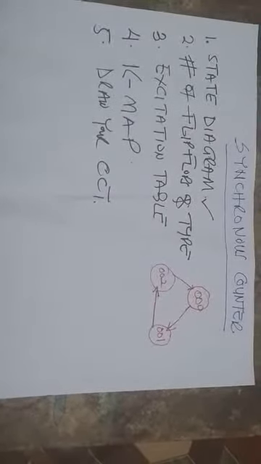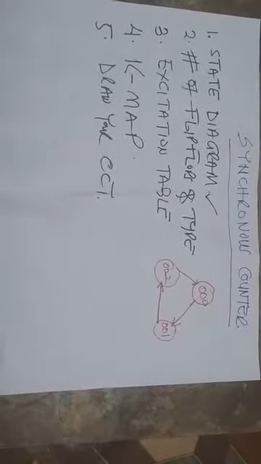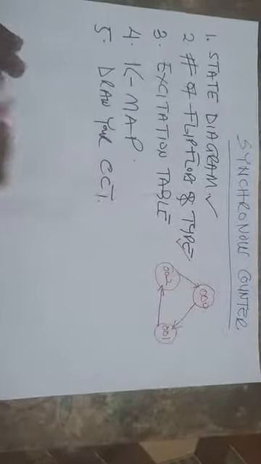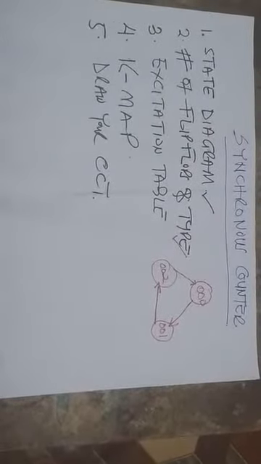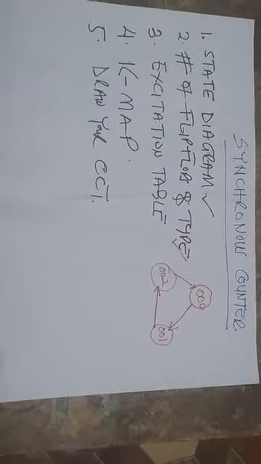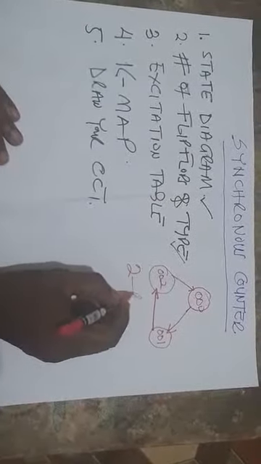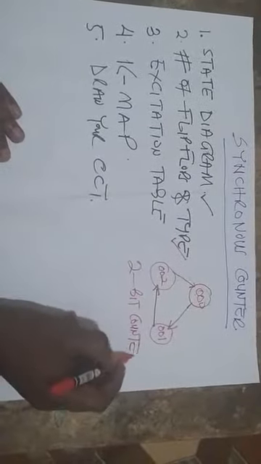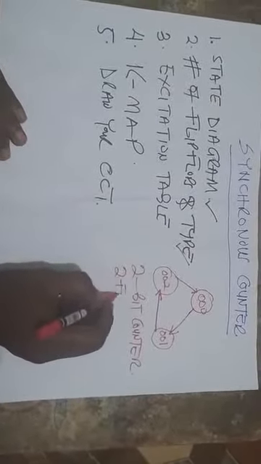The second thing you do in designing a synchronous counter is to determine the number of flip-flops and type of flip-flops. For example, if we want to design a 2-bit counter, we will need 2 flip-flops.